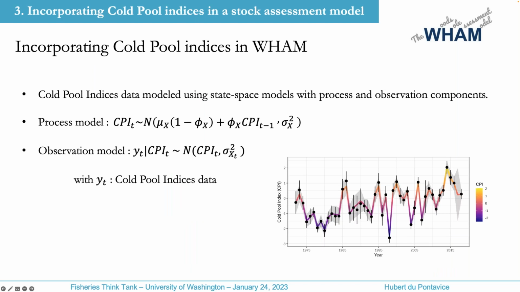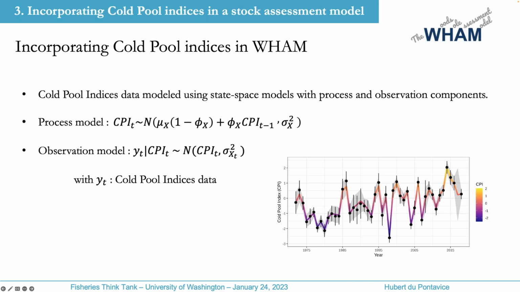So now I'm going to talk about the incorporation of the cold pool indices in WHAM, but it's the same process for the other environmental indices. In fact, the cold pool indices are not directly included in the model. Instead, they are modeled using state-space models with process and observation components.